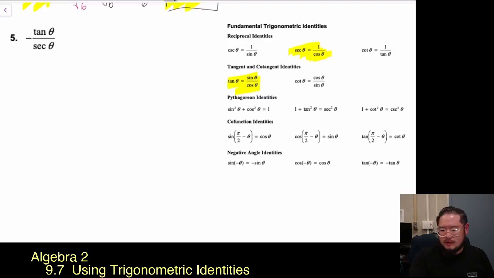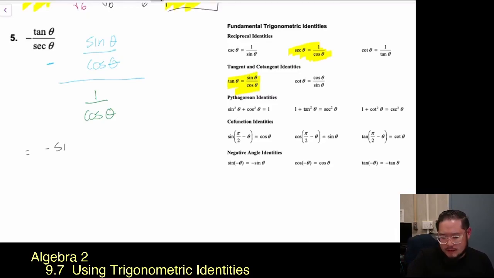So let's go ahead and substitute those trig identities into our equation. Tangent theta, I'm going to rewrite as sine theta over cosine theta. I'm going to divide that, and don't forget, we do have a negative, so I'll stick that up above. And then in my denominator, I'm going to rewrite secant theta as 1 over cosine theta. When we divide fractions, don't forget, we multiply by the reciprocal.